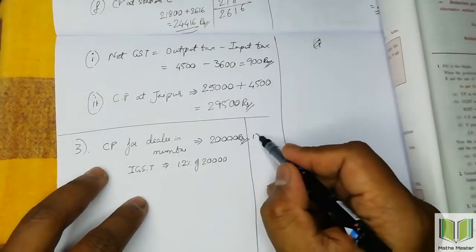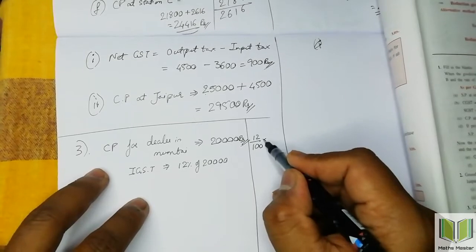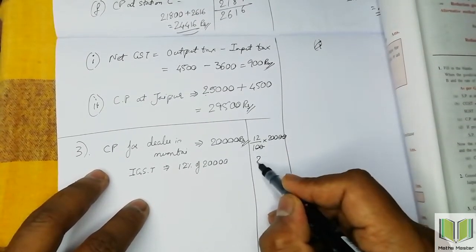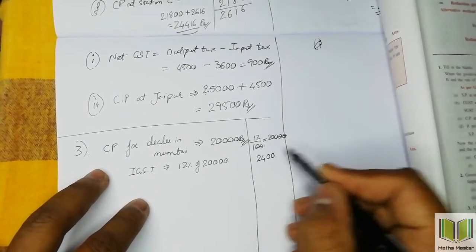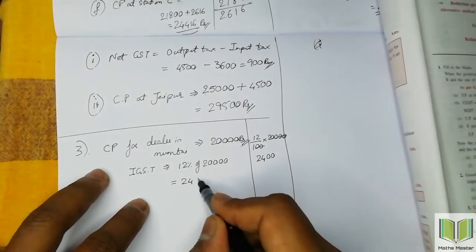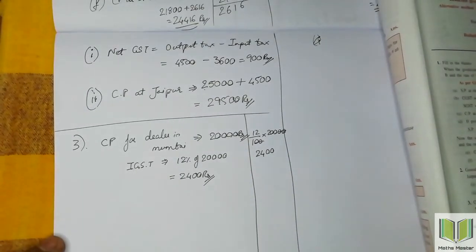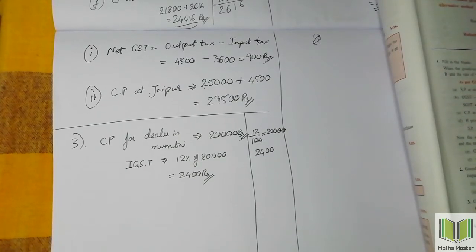Making the bifurcation, 12 by 100 multiplied with 20,000. Double zeros get cancelled. 12 times 2 is 24. 2,400 rupees is the IGST paid by the dealer in Mumbai.